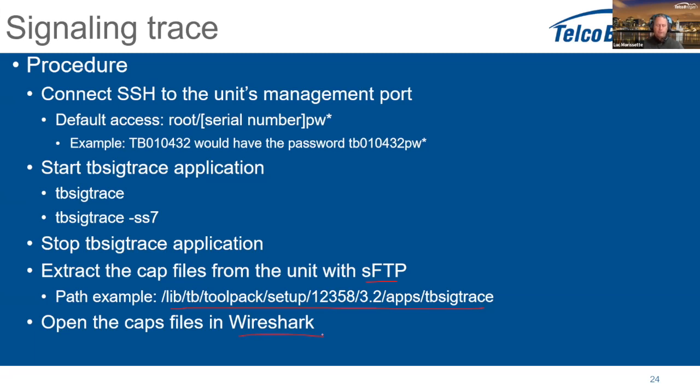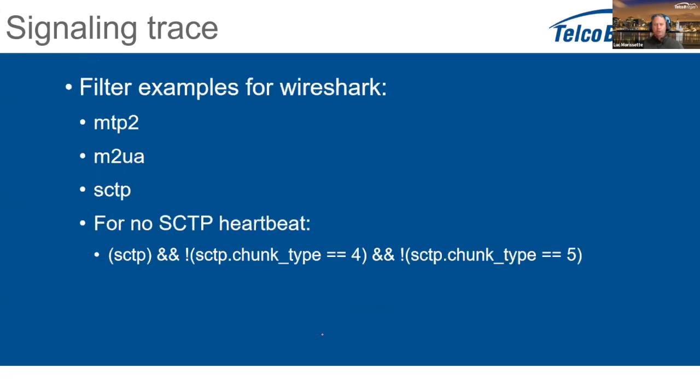It's very useful, of course, because you can filter packets, for example MTP2, M2UA, SCTP. I use one pre-configured filter because when you try to debug M2UA and your link is up, you always get some SCTP heartbeat. So you can use something like this to remove the SCTP heartbeat and concentrate on the M2UA level to get more information.